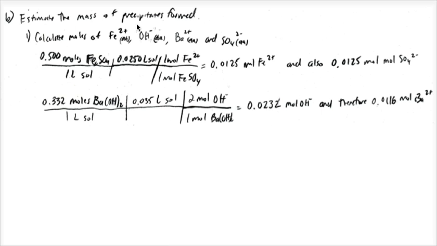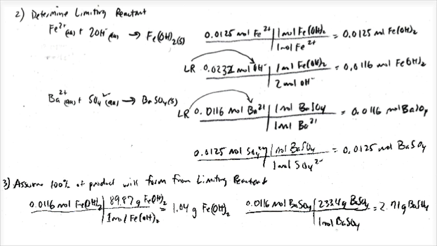You're asked to estimate the mass of the precipitates that are formed, so you first calculate the number of moles. Use some dimensional analysis, find your moles, and since the total volume of the solution is calculable from the previous part, you can find your molarities for these. But it might be easier to just stay in moles for now. Then you determine your limiting reactant.